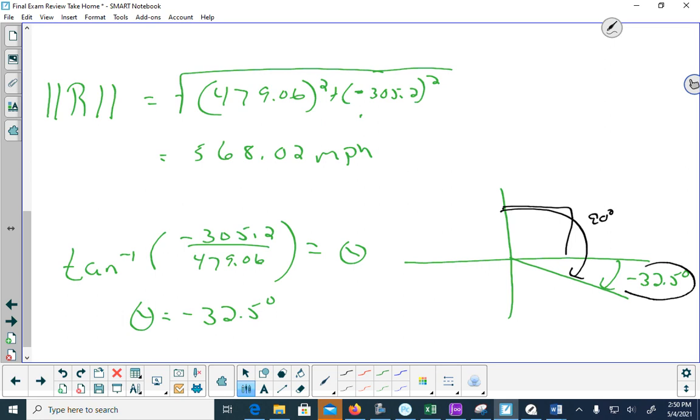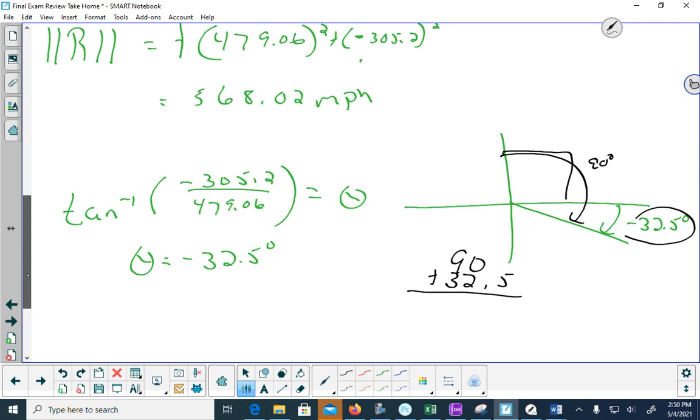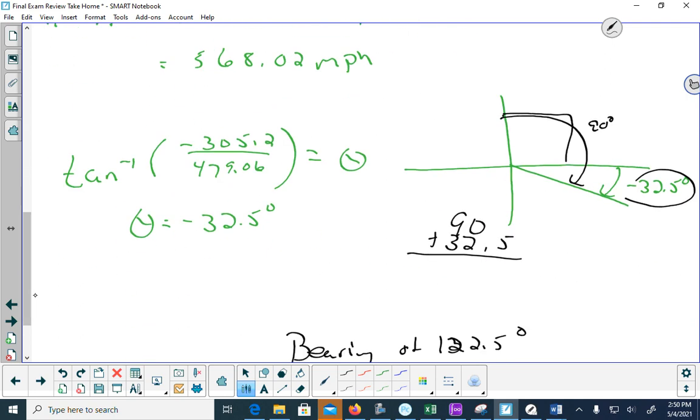And then I add another 32, and I'm going to add a positive 32 because it's 32.5 degrees further along. And I'm going to get a bearing, and I'm going to write the word bearing, of 122.5 degrees. And that is going to be the bearing of the plane. Remember, you're not going to just leave it as your trig angle. You're going to go ahead and find the bearing.